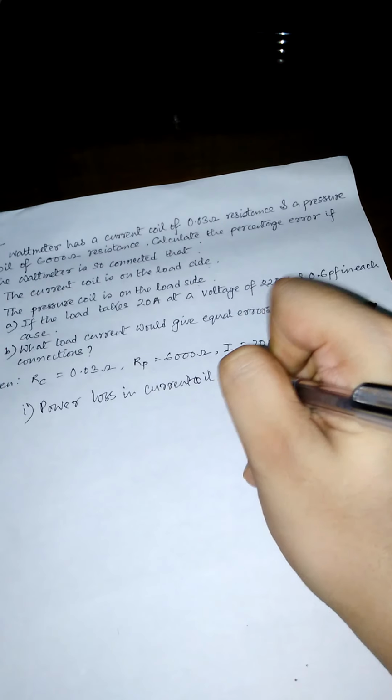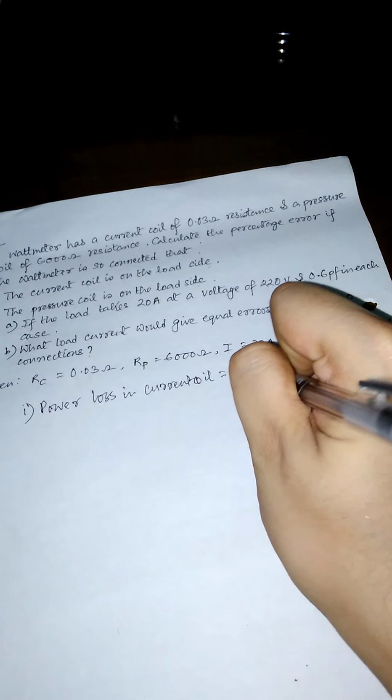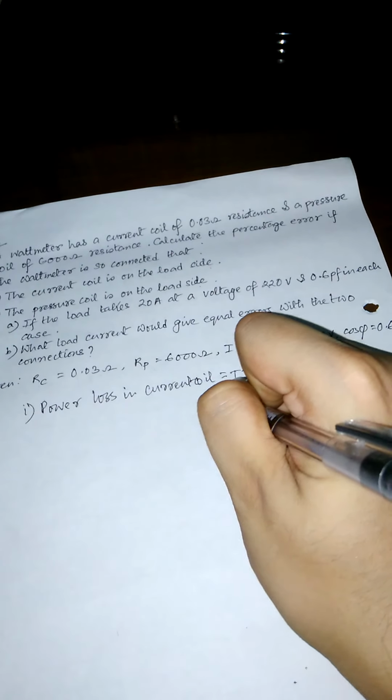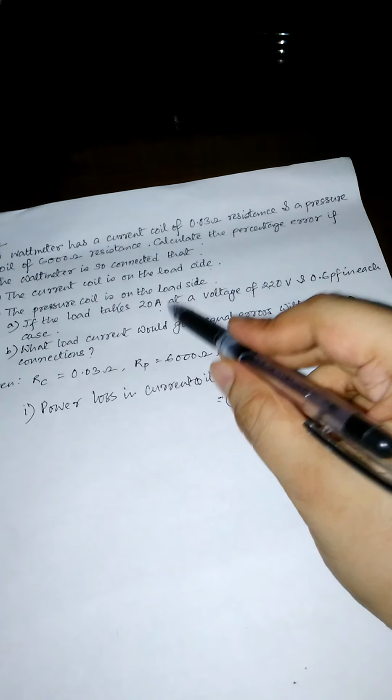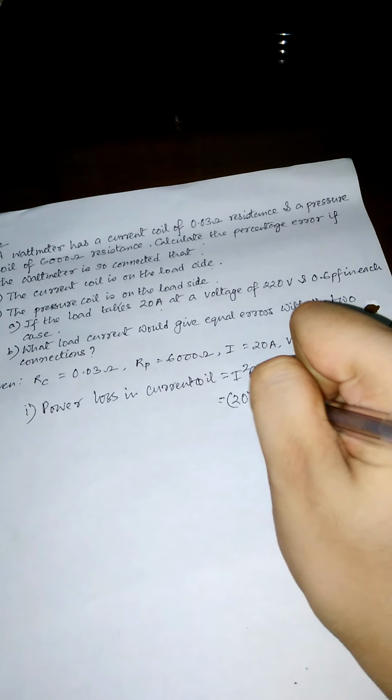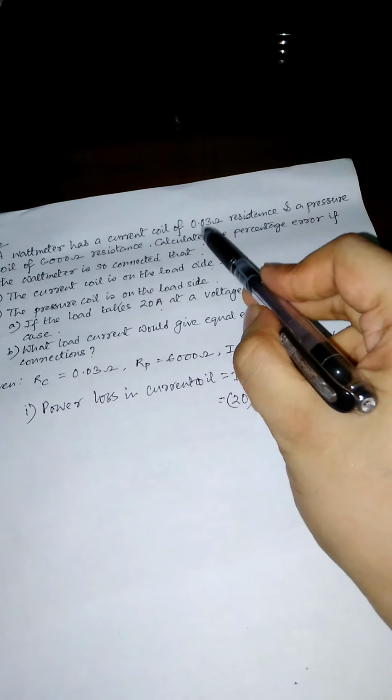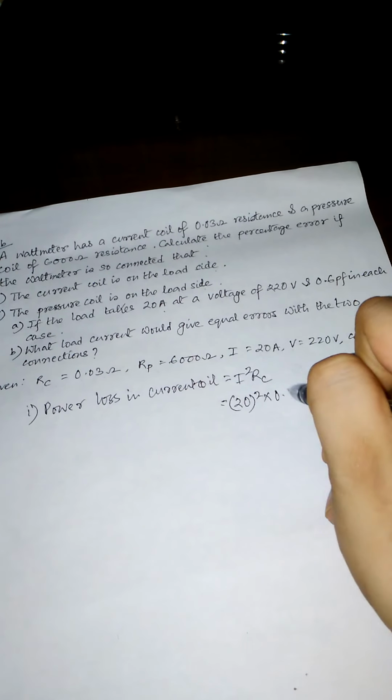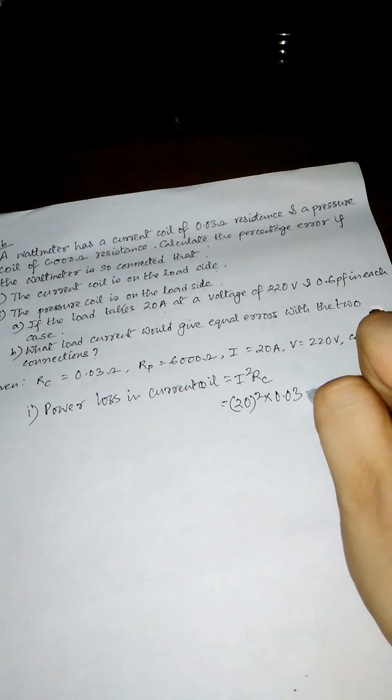That is I square into RC. I equal to 20 ampere here, that means the load current 20 squared, and RC equal to 0.03 ohm. That means this is 12 watt.